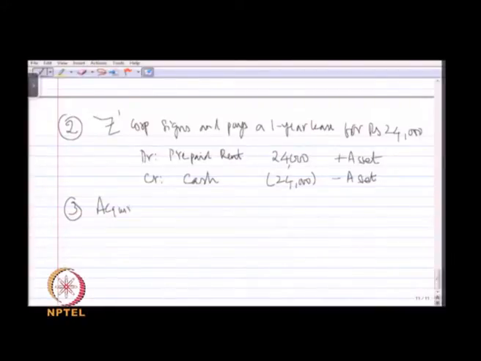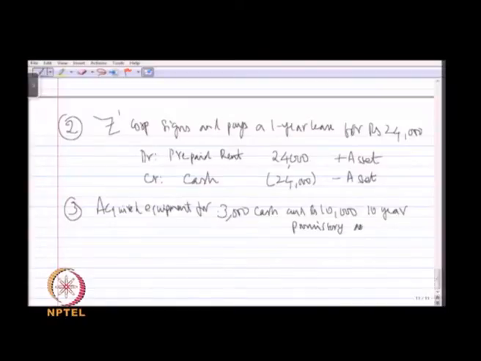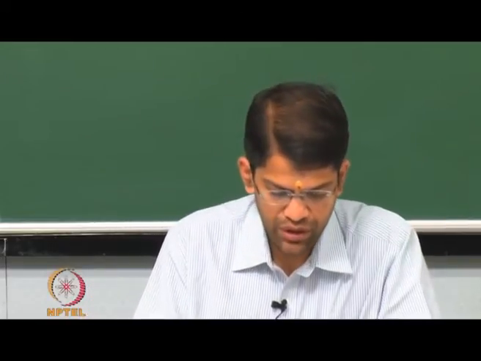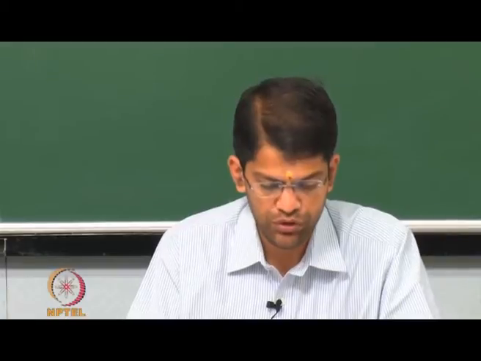Let us say it acquired equipment for 3,000 rupees cash, and 10,000 rupees 10-year promissory note, which means a commitment that he will pay the 10,000 over a 10-year period at equal installments, and that is how the equipment was purchased.